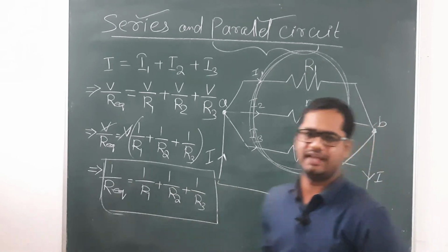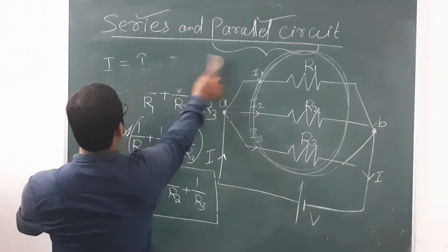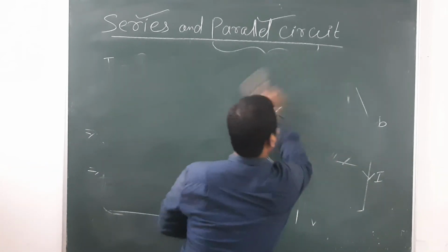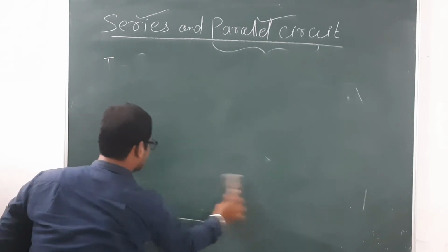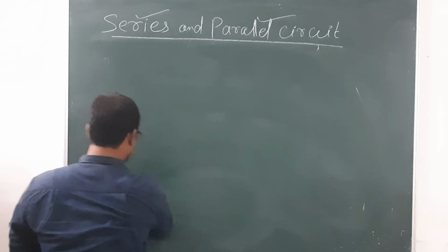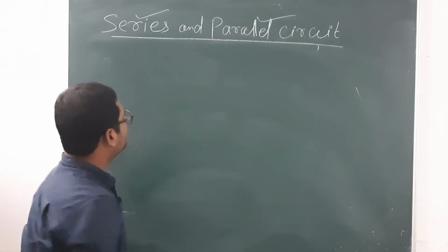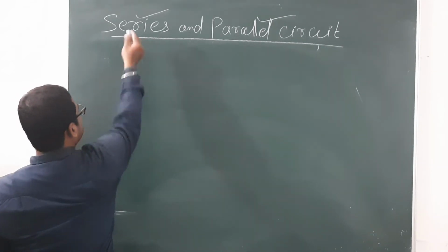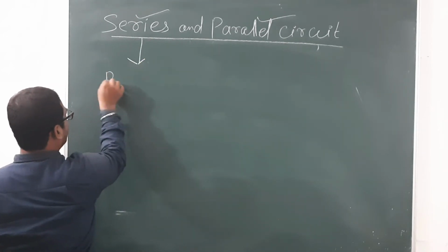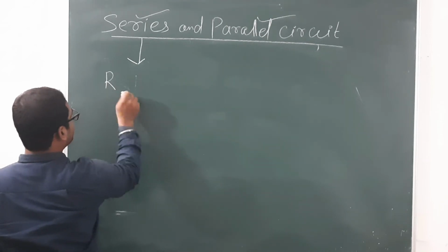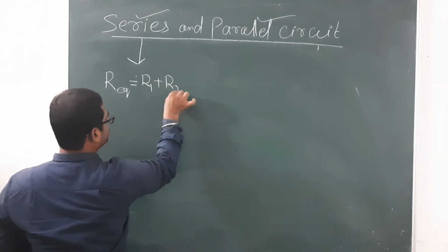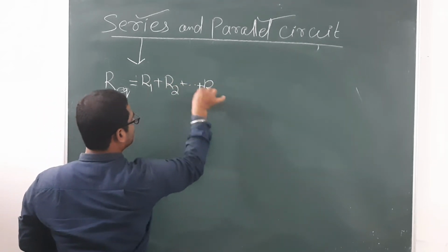If I want to just write down the formula for series and parallel: for a series connection, what is the formula? R equivalent equals R1 plus R2 plus up to Rn.